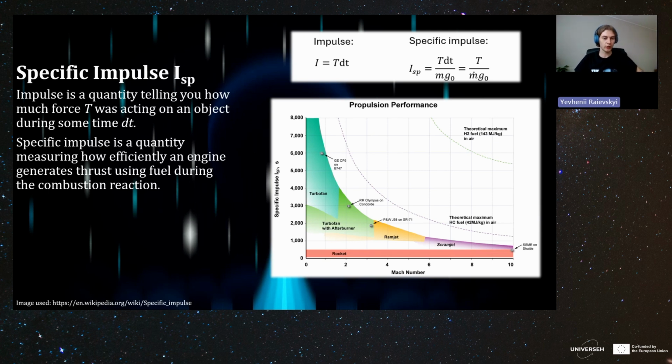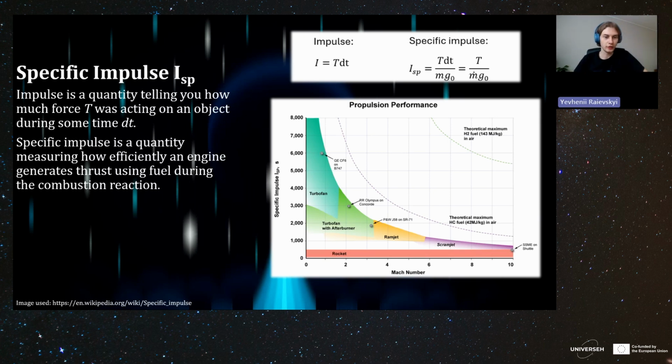If you accelerate gas to speeds of, I don't know, 10 kilometers per second, then you have to convert energy from the chemical bonds of hydrocarbons, carbon and hydrogen, to kinetic energy, because the kinetic energy, mv squared, scales as the power of 2 of velocity.